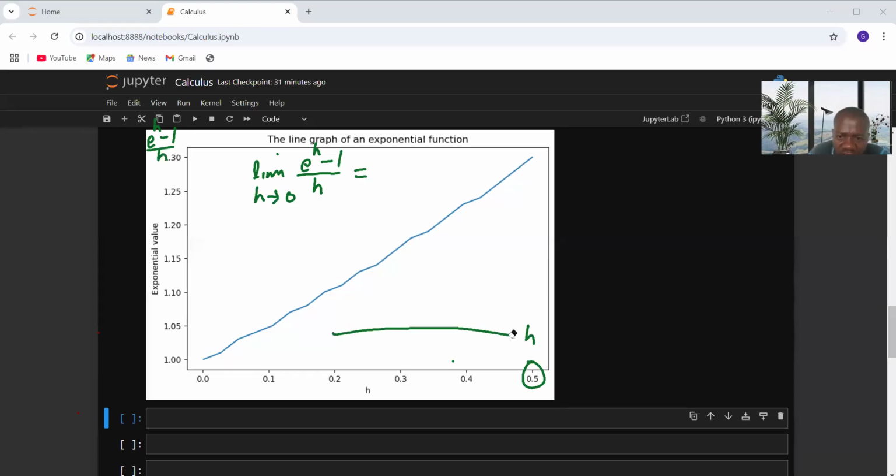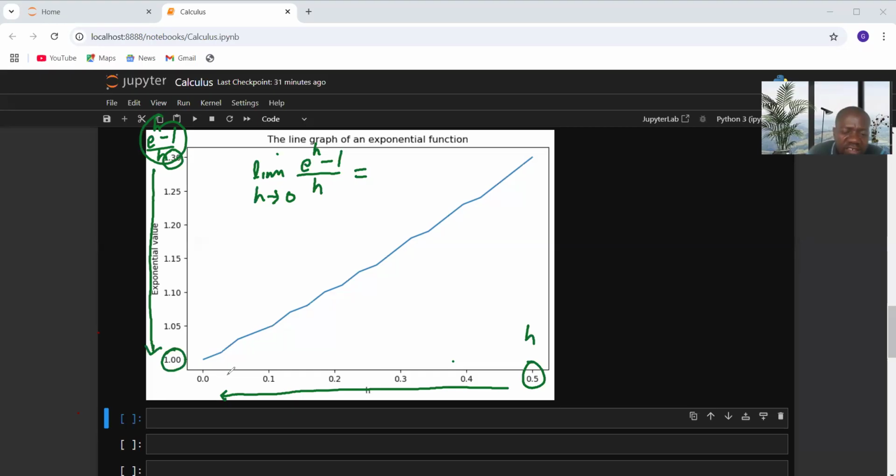As h tends to 0, meaning moving from 0.5, the more h approaches 0, what does this function actually approach? Remember, when it's 0.5, it was 1.3. We see that when h approaches 0, this function is getting closer and closer to 1.